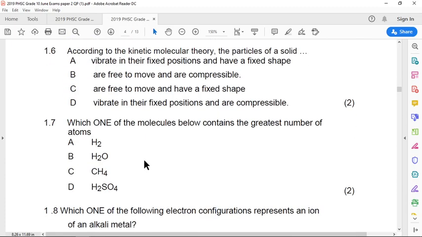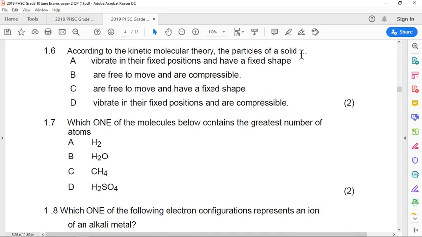Then we come to 1.6. According to the kinetic molecular theory, the particles of a solid vibrate in their fixed positions. This is true. And have a fixed shape. This also looks true. Are free to move and are compressible? No, that is a gas. Are free to move and have a fixed shape? No, that is nothing that we know. Vibrate in their fixed positions and are compressible.